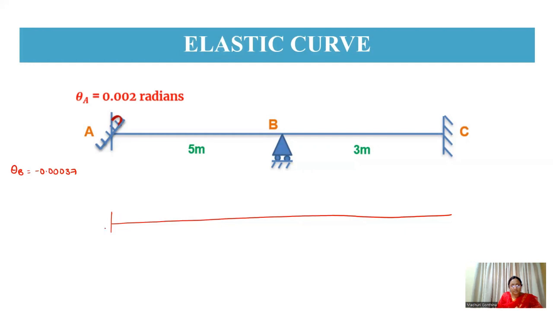Since there is a rotation at this point, and at theta B you have a negative value, okay. At A, you have a clockwise rotation of 0.002 radian.